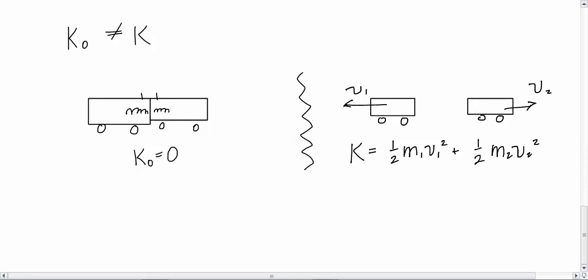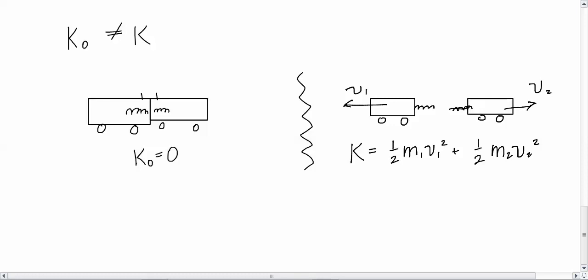Where do you think that energy comes from? If you think about it, our plunger was all compressed, and now our spring's all unstretched. So the gain in energy came from the energy stored in the springs inside the carts.